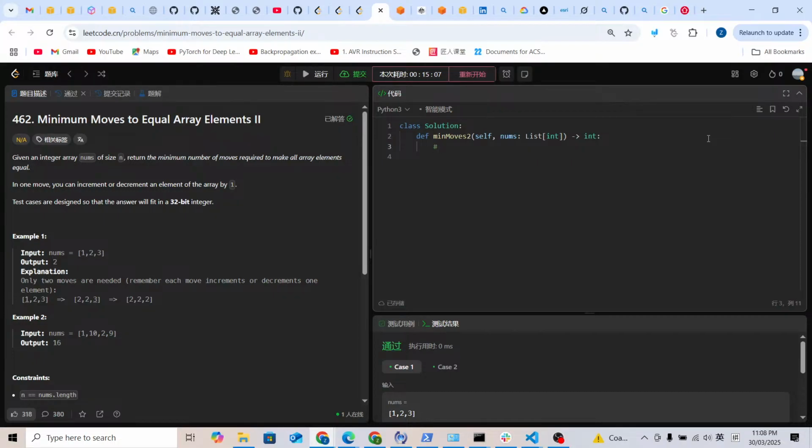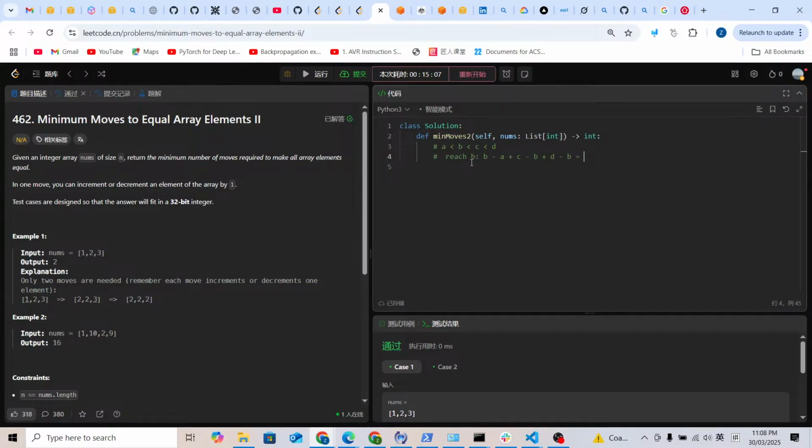So for example, we have some numbers a less than b, less than c, less than d. Now, what is the mid number? The mid number can be b or c. If we fix b or c, how can we reach it? If we were to reach b, what's going to be the final result? It's going to be b minus a plus c minus b plus d minus b.